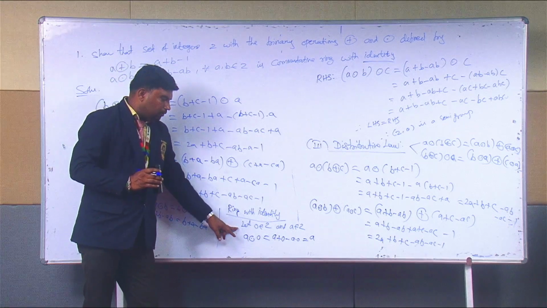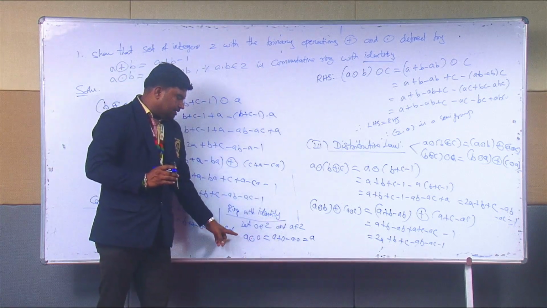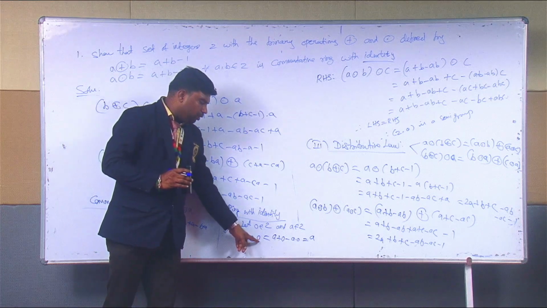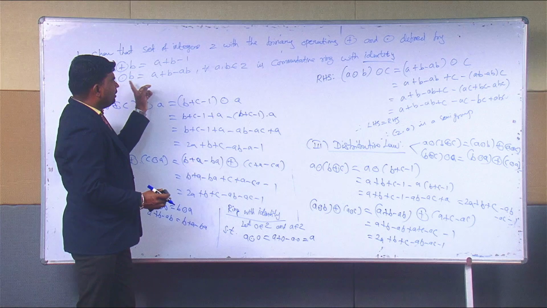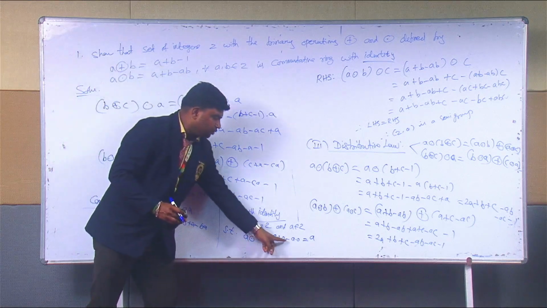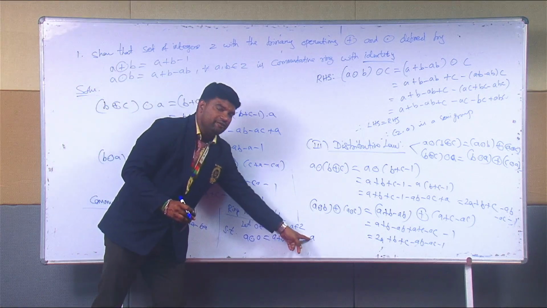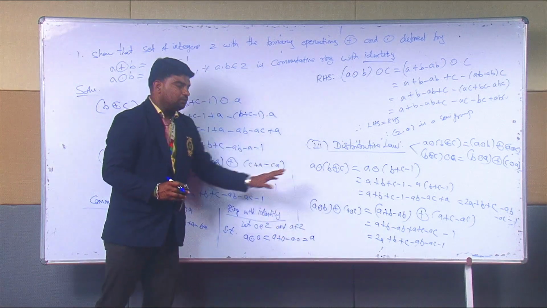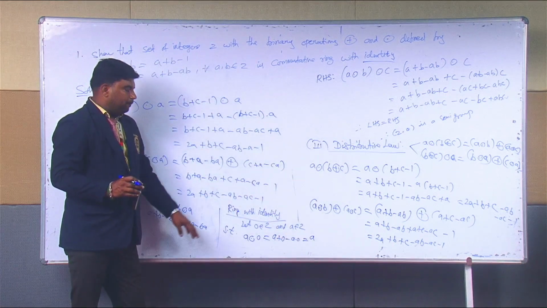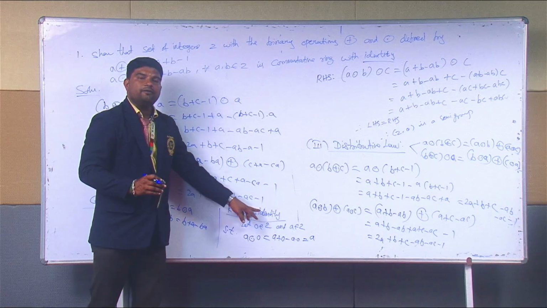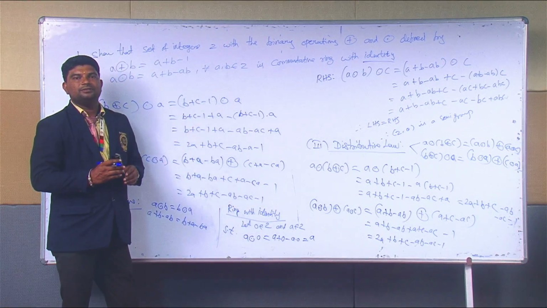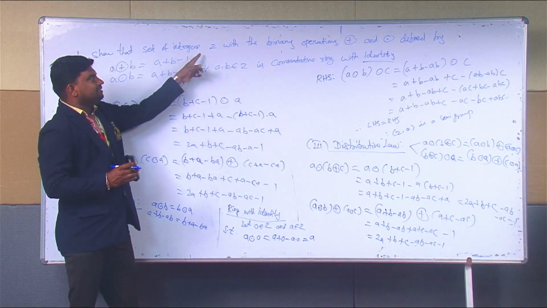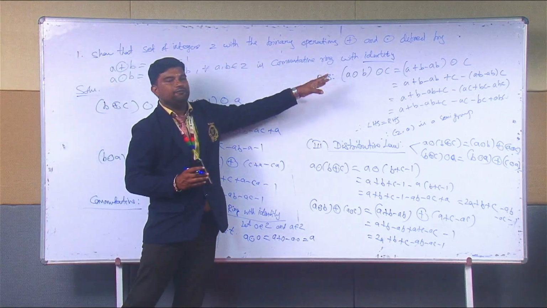Let 0 belong to Z and A belong to Z. A multiplication modulo 0 equals A by the definition of multiplication modulo: A plus 0 minus A into 0, the resulting value is A. So 0 is the identity under multiplication modulo. So the problem is over. Clearly Z is a commutative ring with identity.